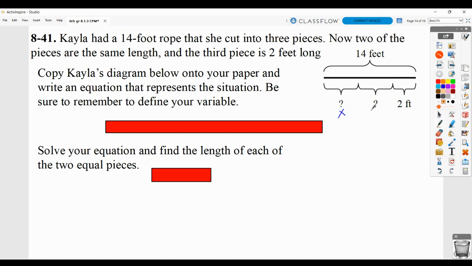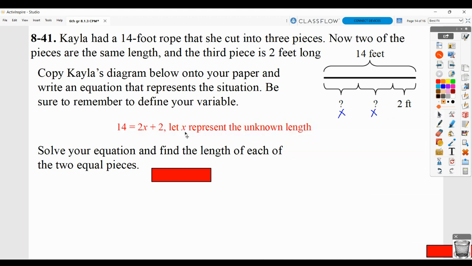Maybe we'll use x, maybe we'll use something other than x. But when we define our variable, that variable will represent that unknown length. So what we have for an equation is that this 14, which is the whole thing, has to equal x plus x, which would be 2x, plus 2 feet.